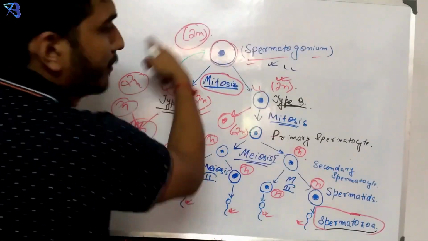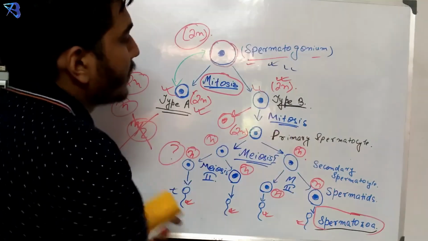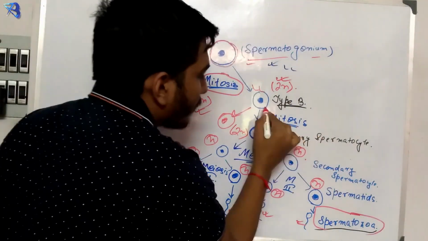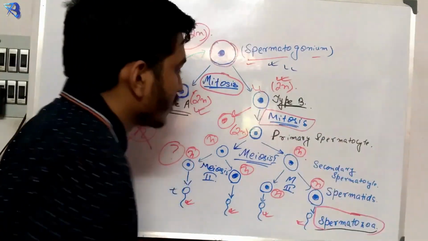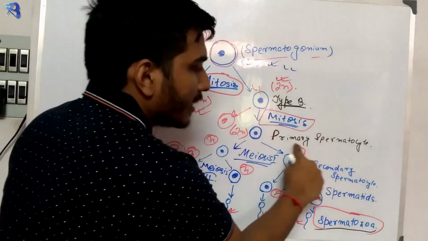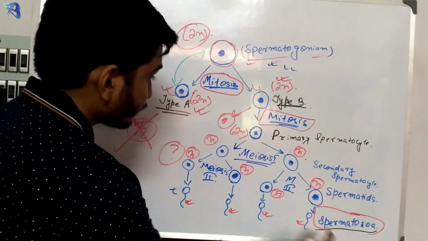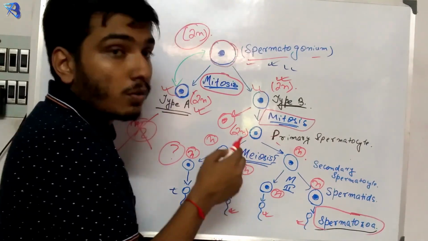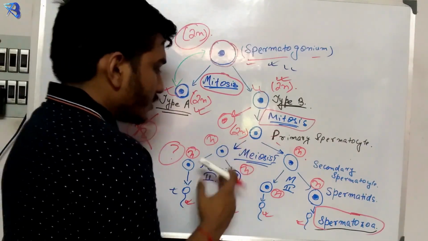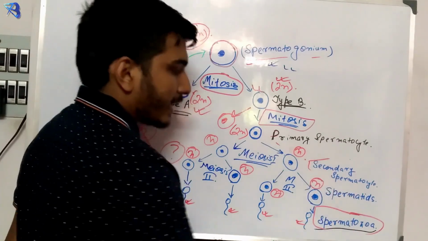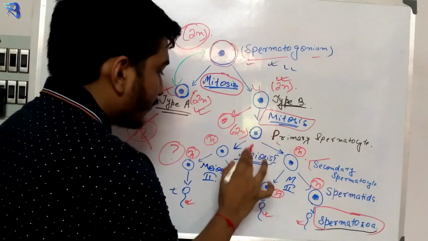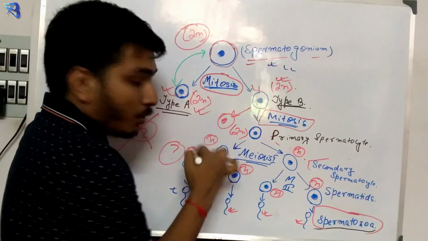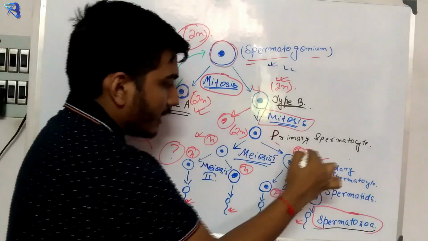Type A cells return back to the position of spermatogonium. Type B cells undergo mitosis again, so it forms primary spermatocyte. After primary spermatocyte, it undergo meiosis 1. After meiosis 1, secondary spermatocyte is formed, and the chromosomal content is n here and n here.